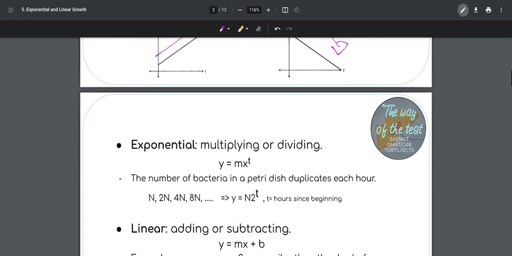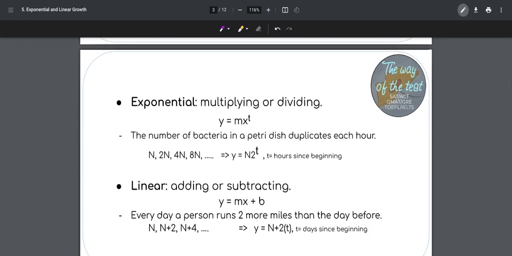So we're going to give some examples of exponential and linear. Exponential is multiplying or dividing, right? Let's say the number of bacteria, usually the DSAT deals with bacteria or viruses, in a petri dish duplicates each hour. Duplicate means multiply times 2.